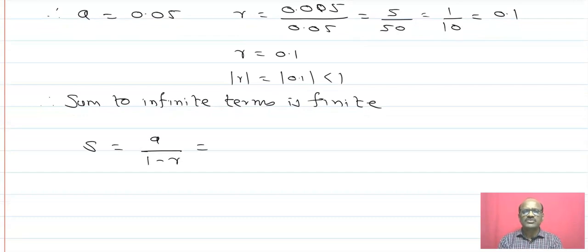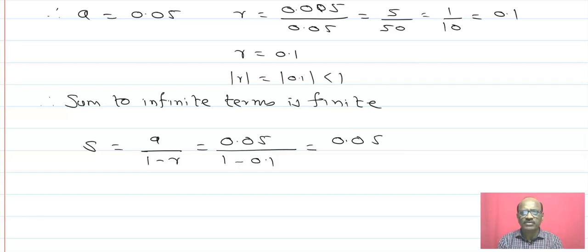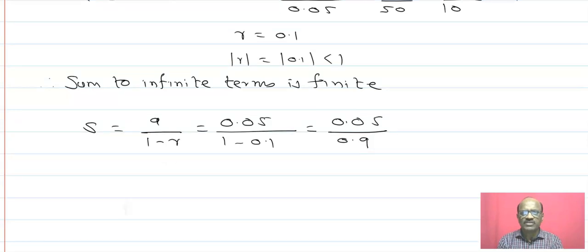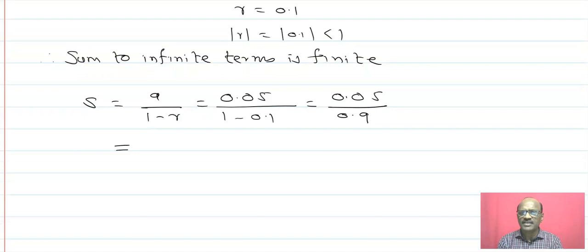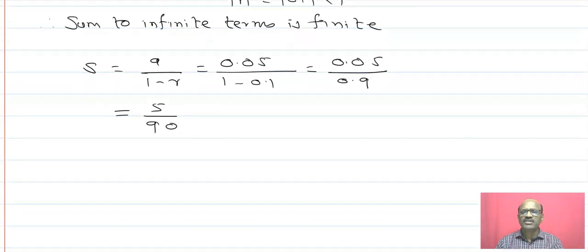Therefore s is equal to a upon 1 minus r, that is 0.05 upon 1 minus 0.1, which is 0.9, and hence we will get 5 upon 90, multiplying numerator and denominator by 100. This is the value of s, or you can give their division.